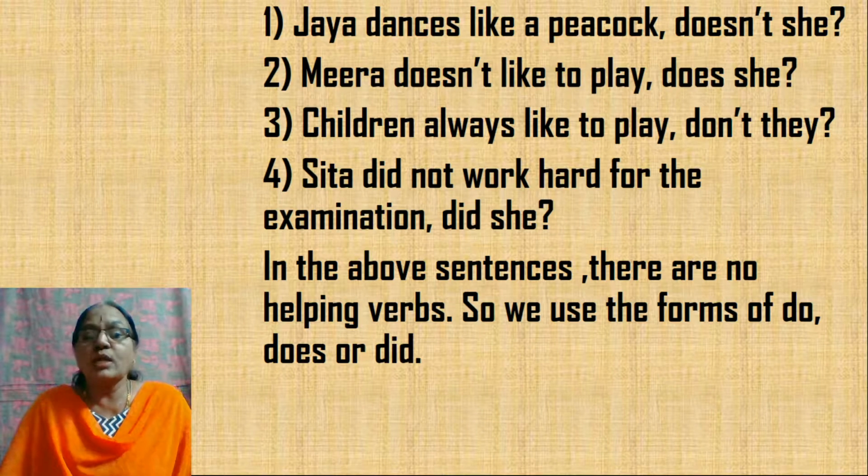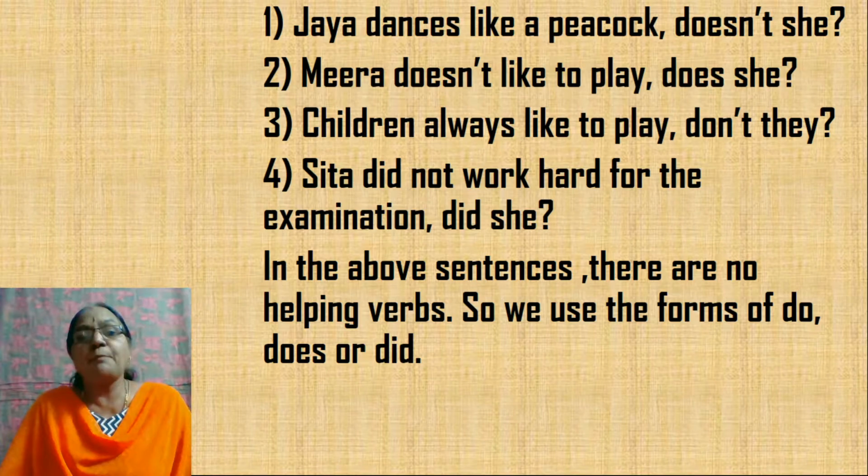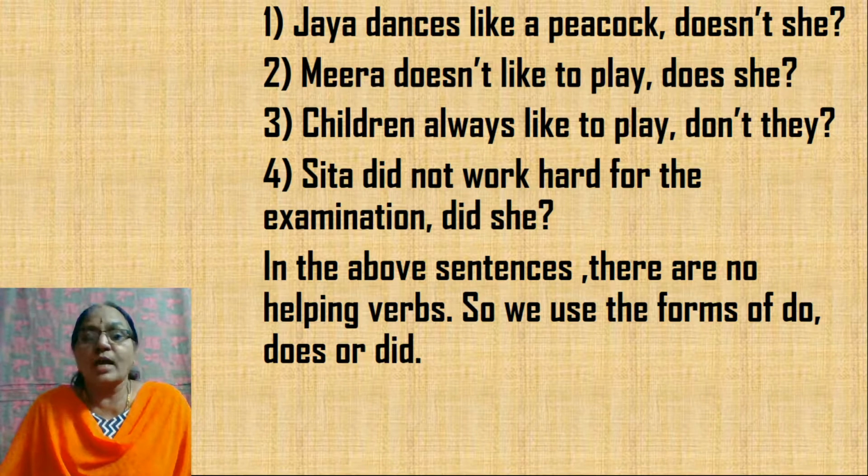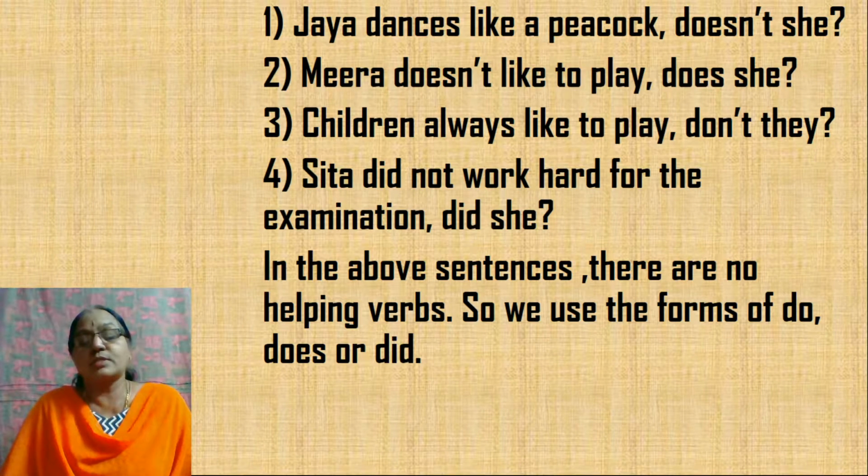She did not work hard for the examination, did she? Okay, so in all the above sentences, we have no helping verbs. So dances, for example, is the main verb here.